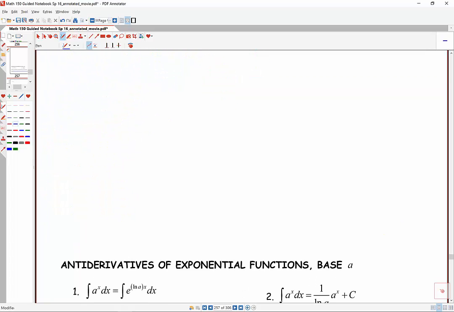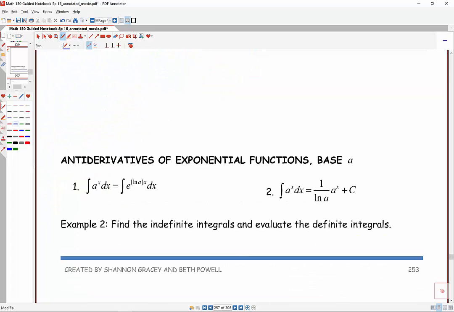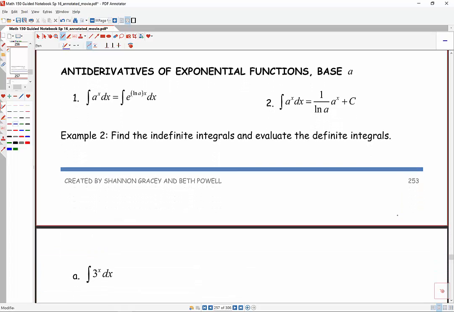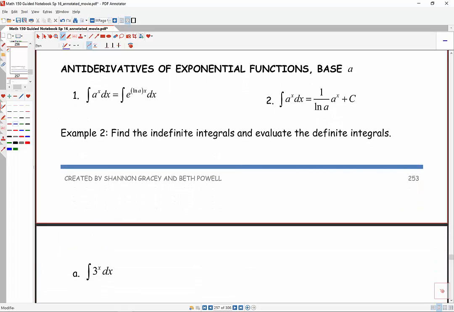Okay, so antiderivatives of exponential functions that have a base of a. There's a couple ways you can do this. You can use the fact that a to the x is equivalent to e to the natural log of a times x.